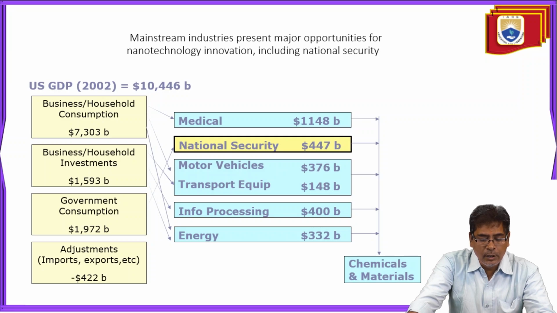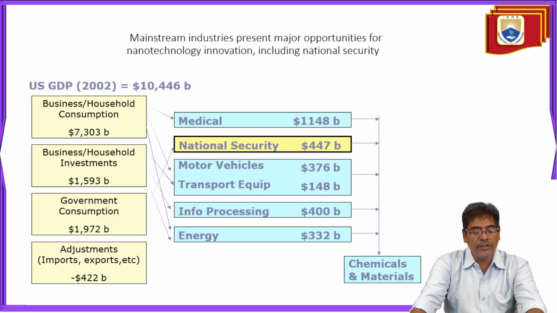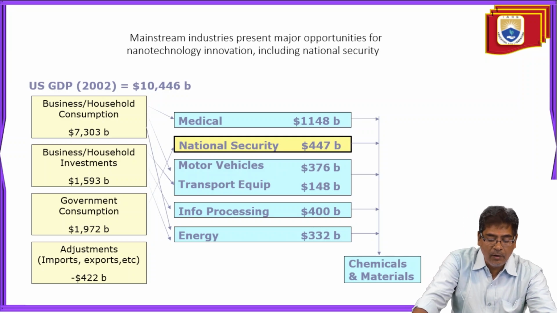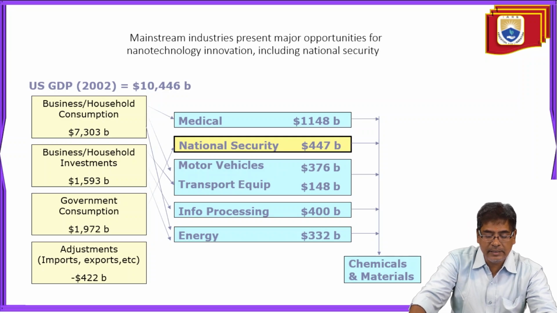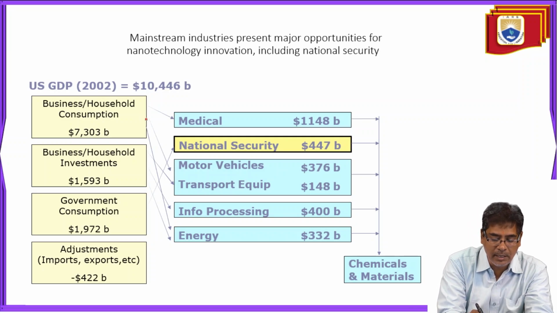So business or household consumption was $703 billion, business and household investments $1,593 billion, government consumption around $1,972 billion, and adjustment to exports and imports is minus $422 billion, right? So this has been incorporated.